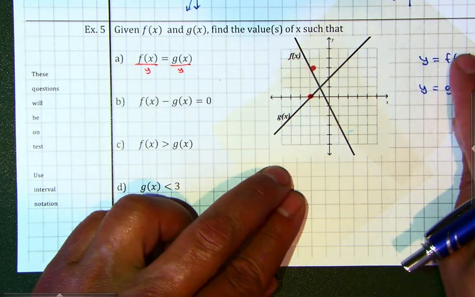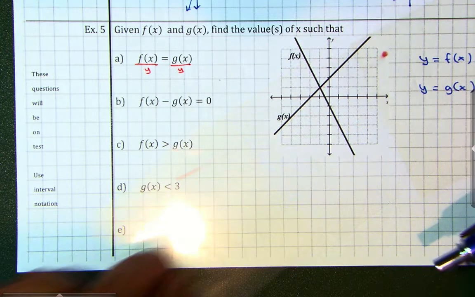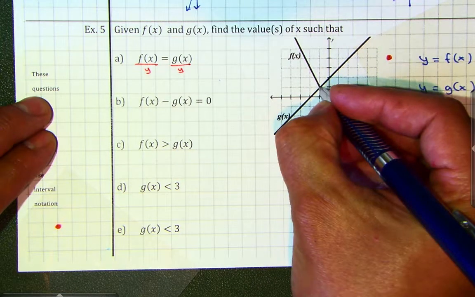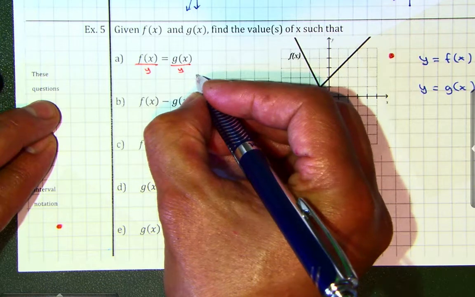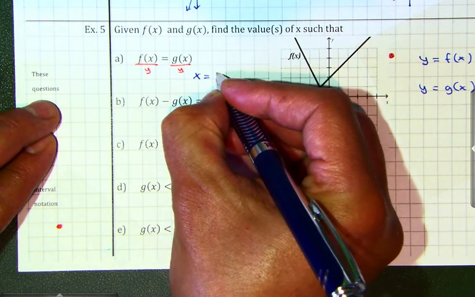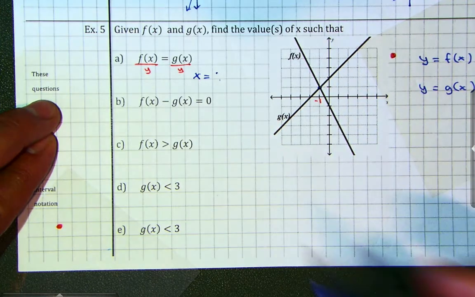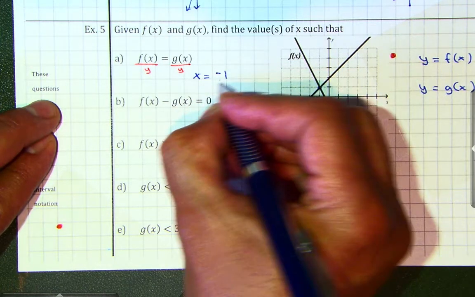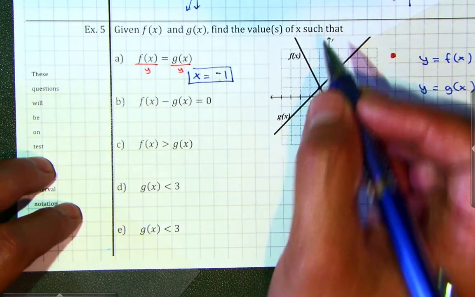Now to get to this point is when the y values are the same. So the y values here are the same, so therefore when x is equal to -1, we're looking for the x values. The y value is 1 for both, but we're looking for the value or values of x.